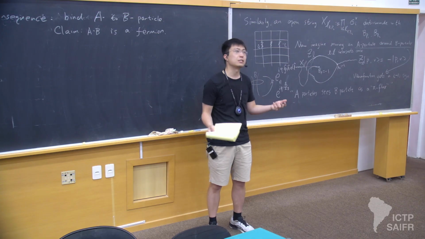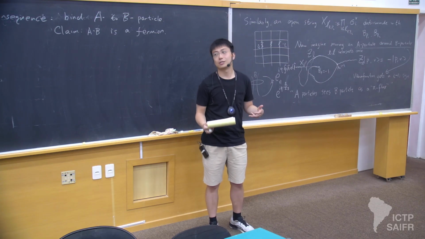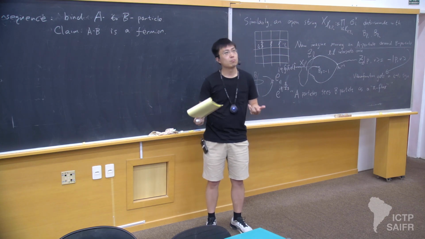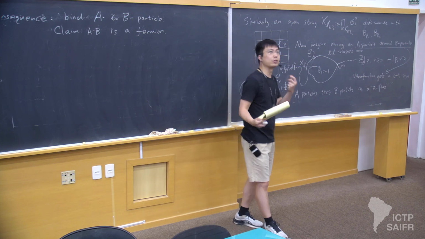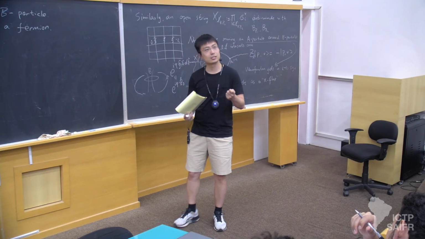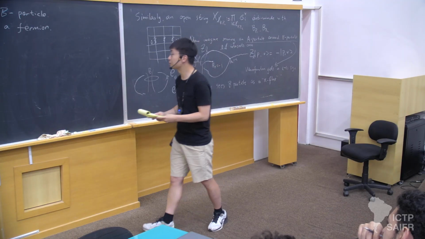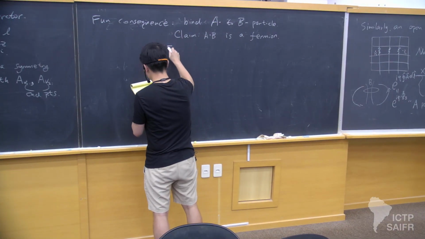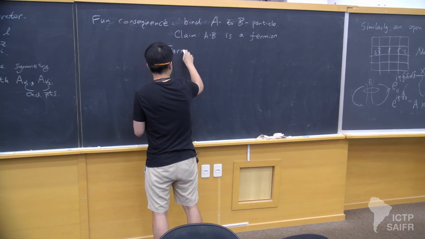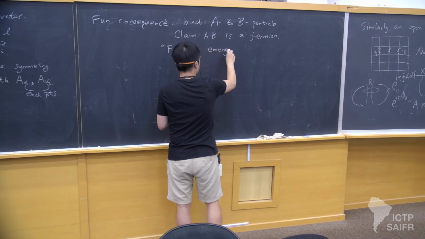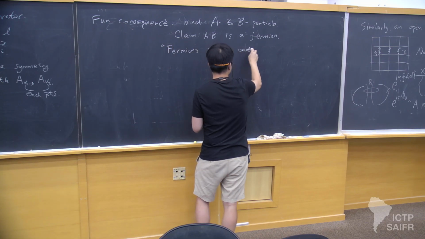There's no exchange phase, anything. But through this collective interaction and collective behavior, you end up with some excitation that behaves like a fermion. This is when fermions emerge out of bosons.